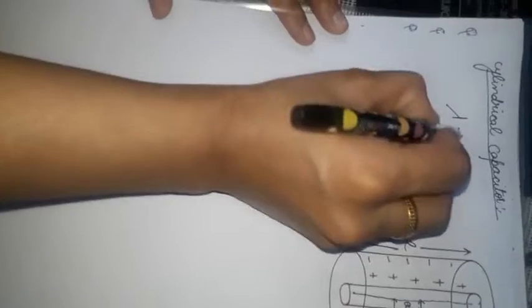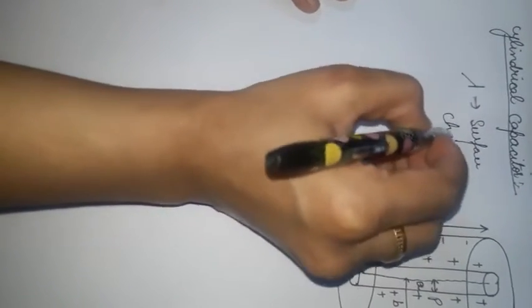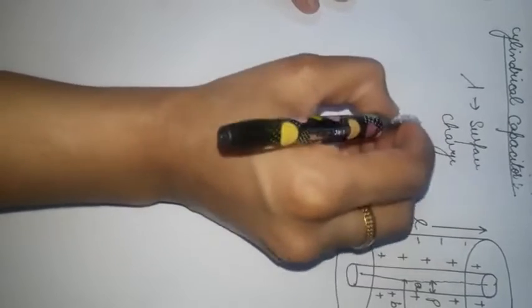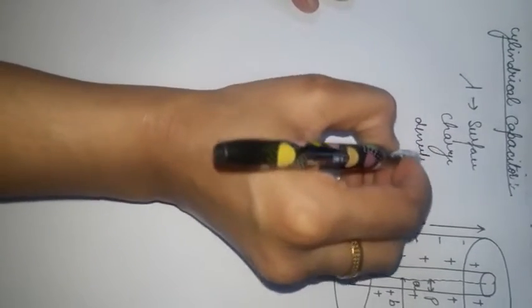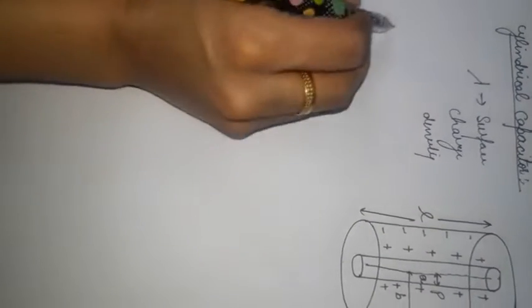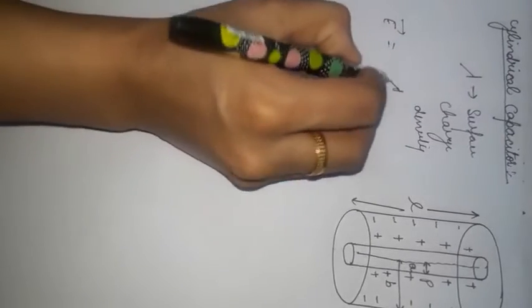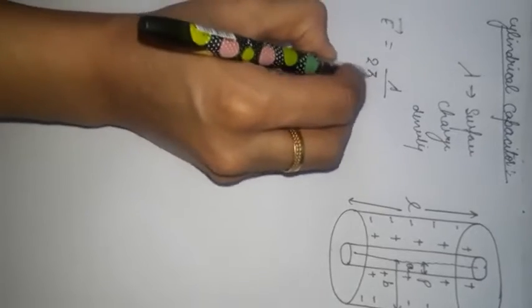Let us consider lambda is the linear charge density. The electric field at a distance r from the axis of the cylinder is given by E equals lambda over 2 pi epsilon naught r.